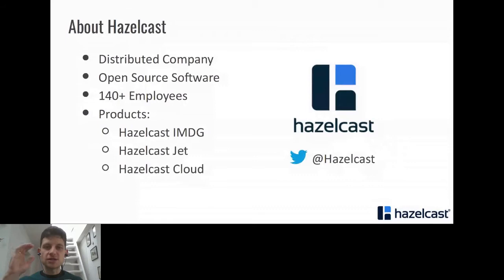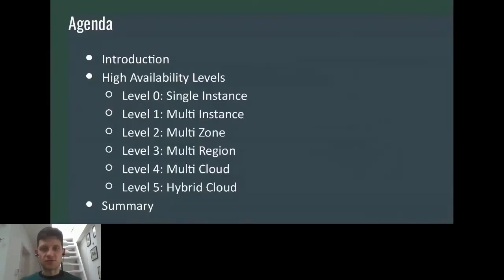Because this list is complete, so you must use one of them. And the second question is, would it be simple for my architecture, for my system, to upgrade to a higher level? So taking your system, would it be simple to upgrade it? And with this question, I invite you to listen to this talk.